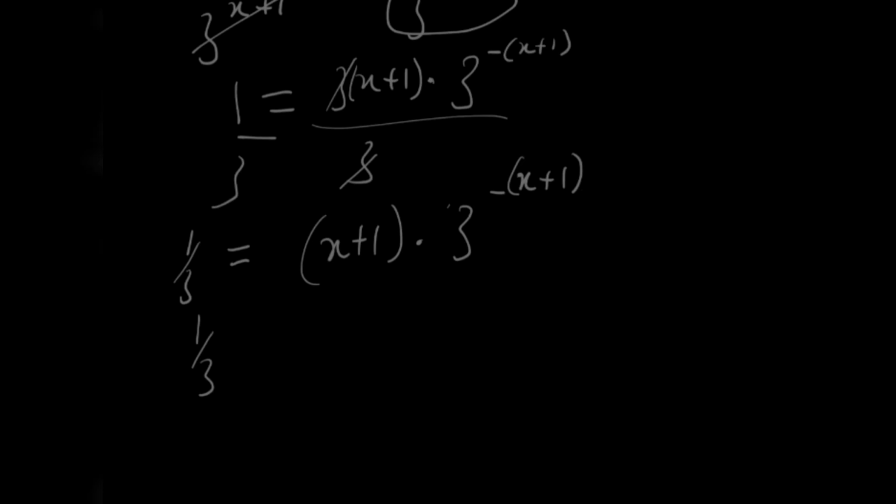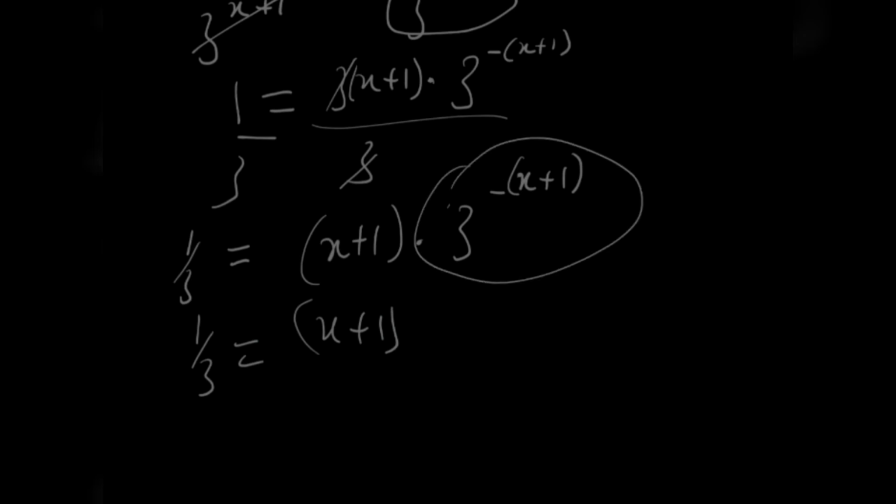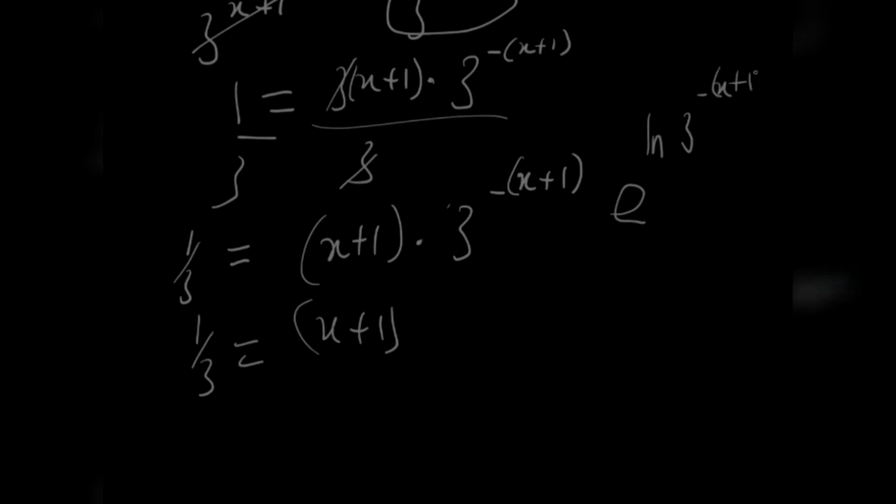We want to introduce an e based on our principle, so we do that with this term over here. So this can be written as e raised to the power the natural log of 3, raised to the power negative of x plus 1.